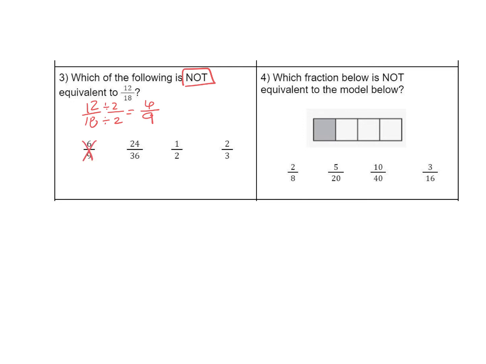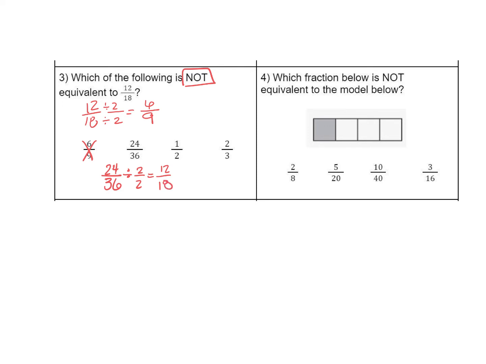Okay. I'm going to take 24/36, and I'm going to divide by 2. 24 divided by 2 is 12. 36 divided by 2 is 18.